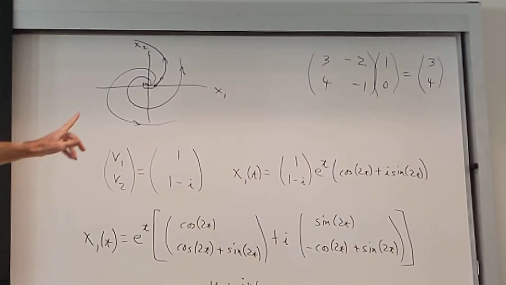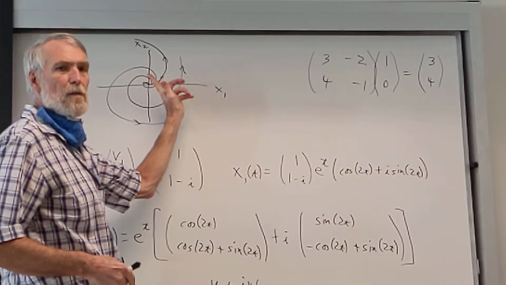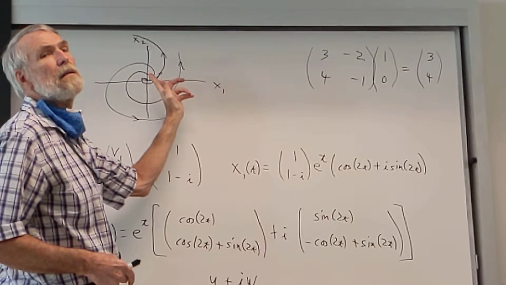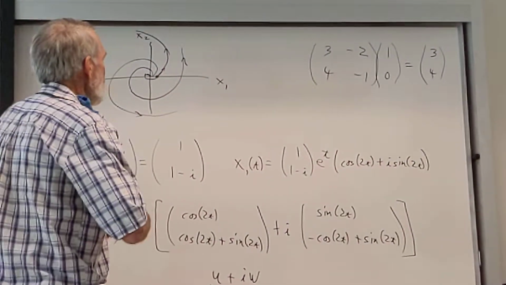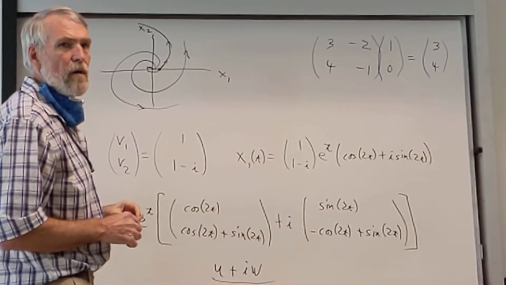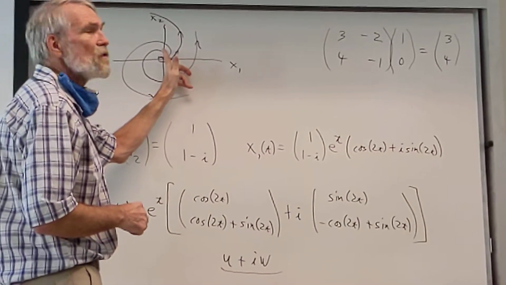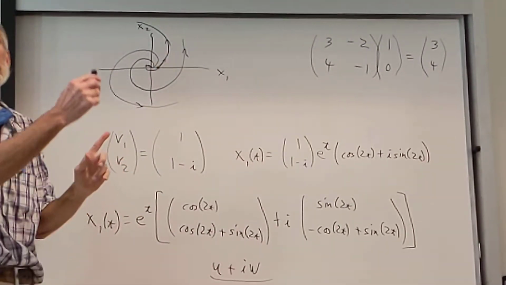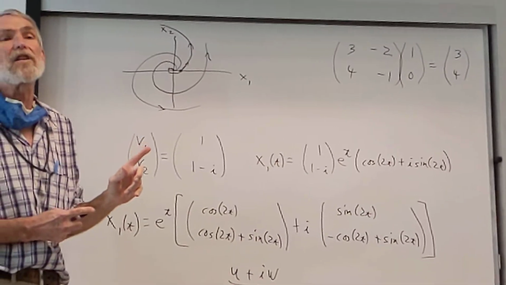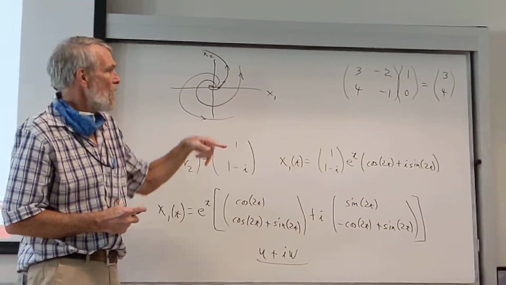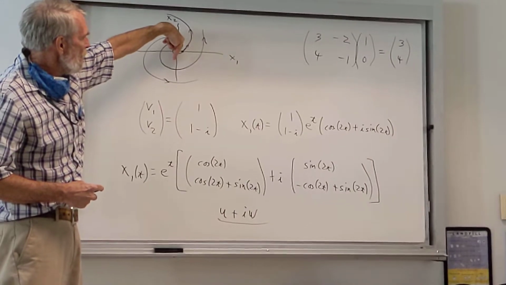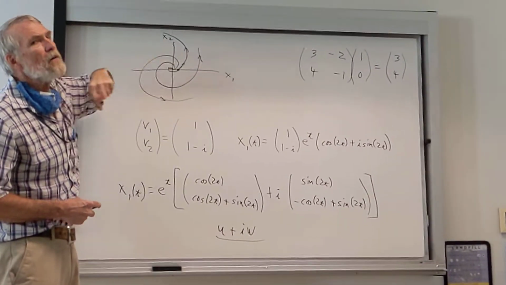Oh, this arrow could be pointing this way, especially on a spiral. If it's pointing this direction, it's still counterclockwise because it's still crossing the x1 axis in the positive direction. And if it's pointing to the bottom left quadrant, pointing down there, it's going clockwise.